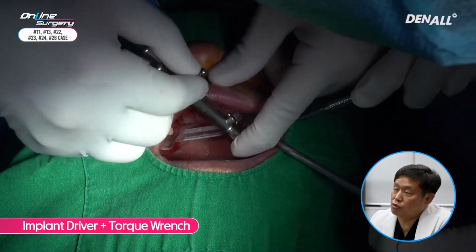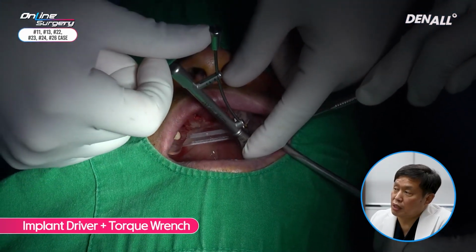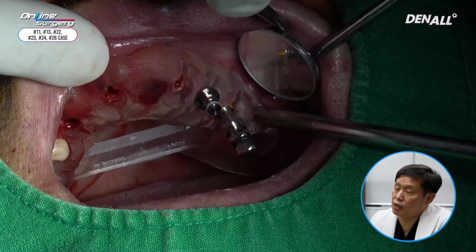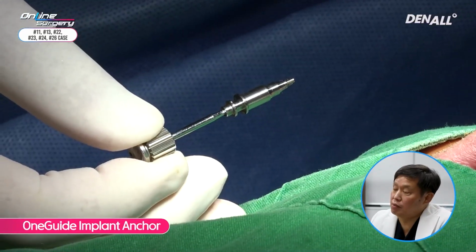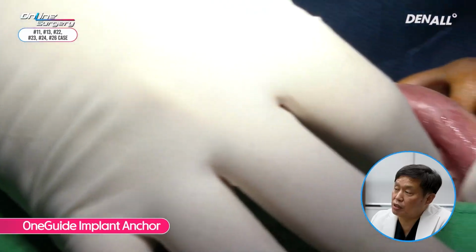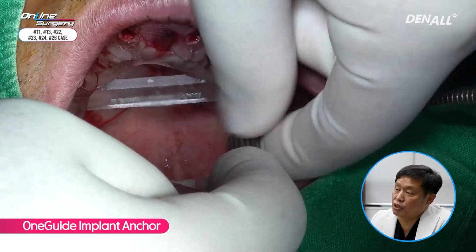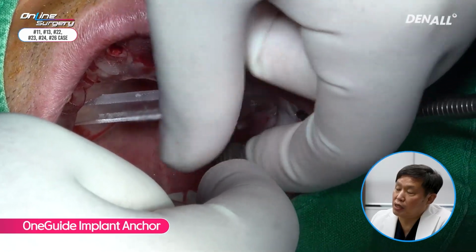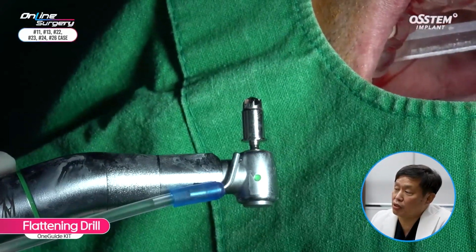The implant driver and torque wrench were used to get the final position. Primary stability was over 30 newtons. After implant placement, implant anchors were used. Implant anchors were connected, number 3 and 4. This means that there were 2 vertical anchors in order to ensure accurate implant positioning.